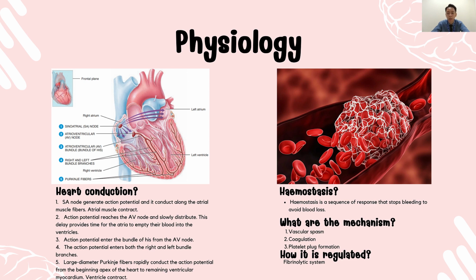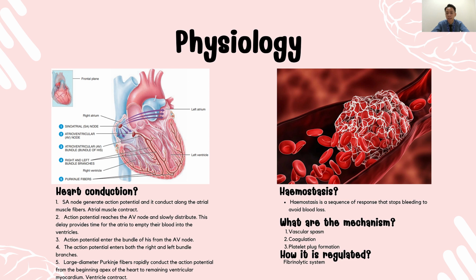Next, the spasm is caused by damage to the smooth muscle, by substances released from activated platelets, and by reflexes initiated by pain receptors. The next mechanism is coagulation. Coagulation is when blood forms a gel involving clotting factors. There are two pathways.